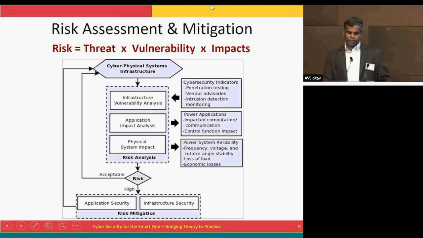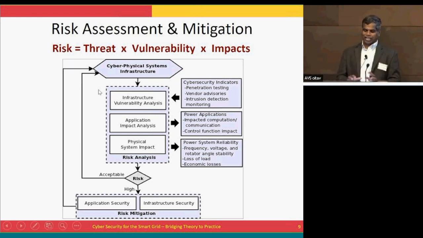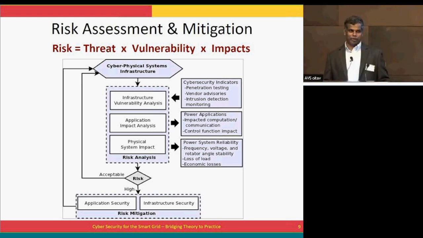The problem with cyber risk assessment is that it is probability times consequence. Let us look at the probability itself. The probability itself has two components: a threat source exploiting a vulnerability in the cyber layer. What is the probability? The joint probability.